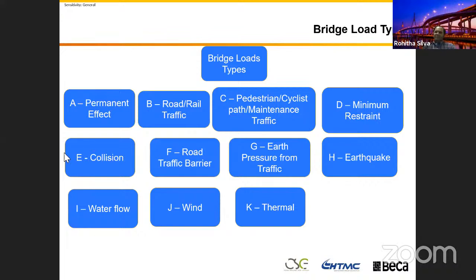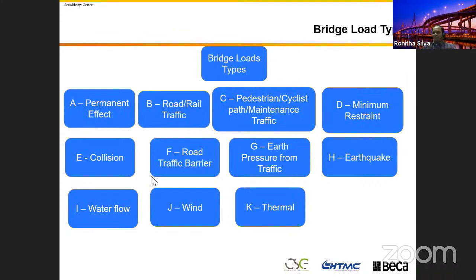We discuss collision, because we don't have the collision all the time. Every time a car is passing underneath, it's not going to go and hit the bridge barrier. These are happening, but once in a while, so we consider these loads as an ultimate limit state load. We categorize collision load, but we need to design for that load.